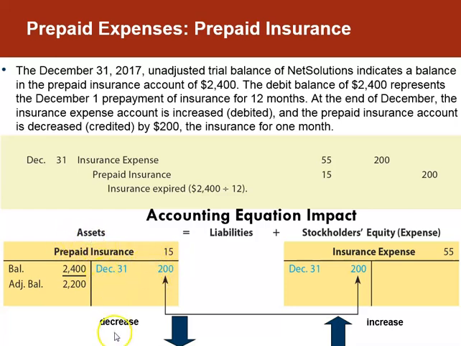So assets have gone down. Our prepaid insurance asset is now $2,200. Insurance expense was $0. We're going to debit that, and it's going up by $200. So the overall impact on equity is a negative $200. Expense goes up, equity goes down.